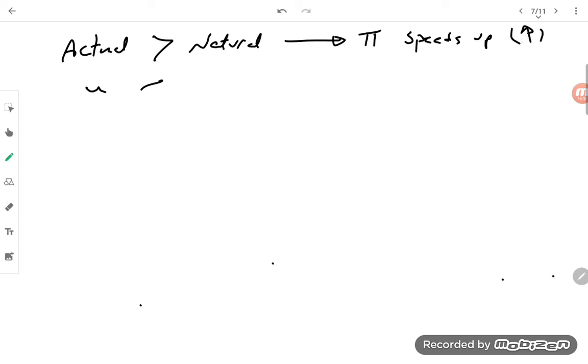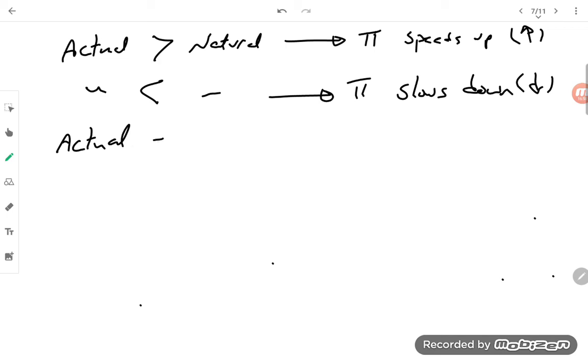When actual is lower than natural, the inflation rate decreases or slows down. While at the point where actual GDP equals natural GDP, the inflation rate will be constant.